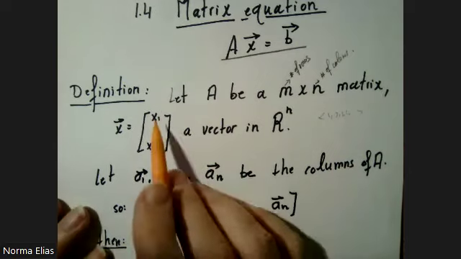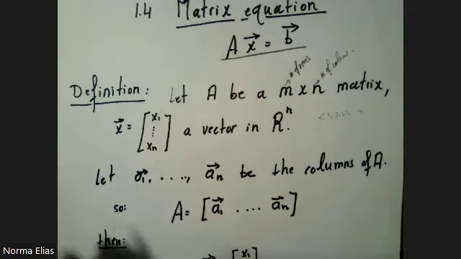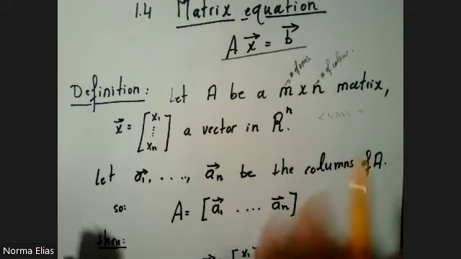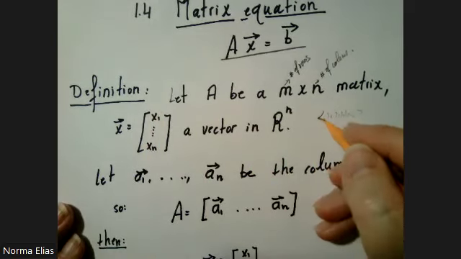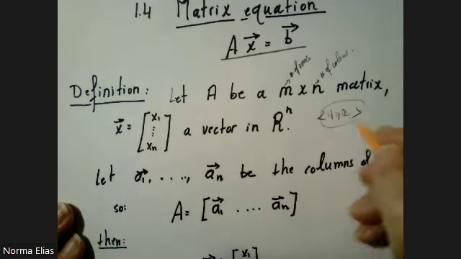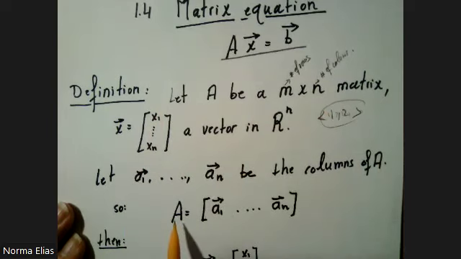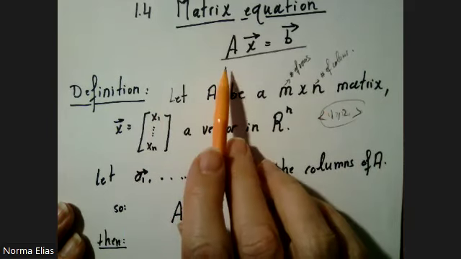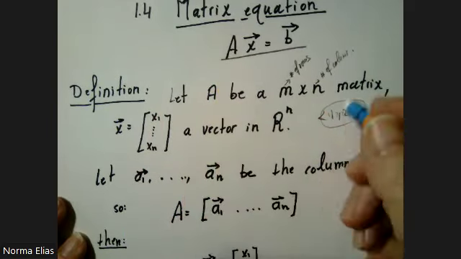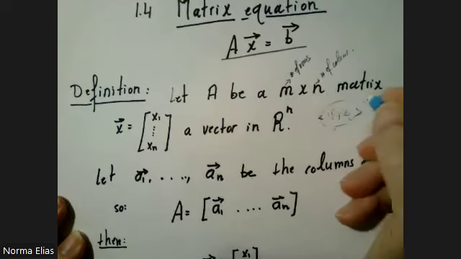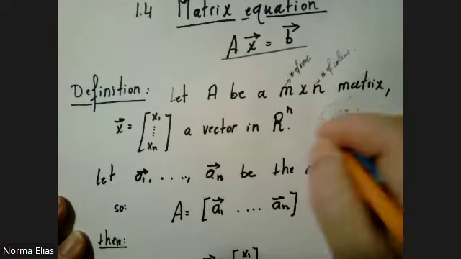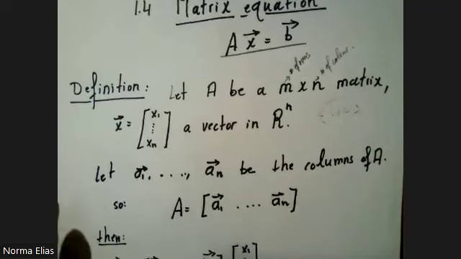For us, a vector is just an ordered list of numbers. As long as you write them in an ordered way, it doesn't matter whether you write them this way or that way. The reason we use this notation is because of the definition of the multiplication of a matrix by a vector. We're going to view it as a matrix so we can multiply it by another matrix.